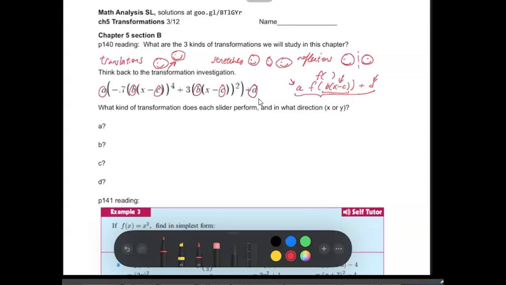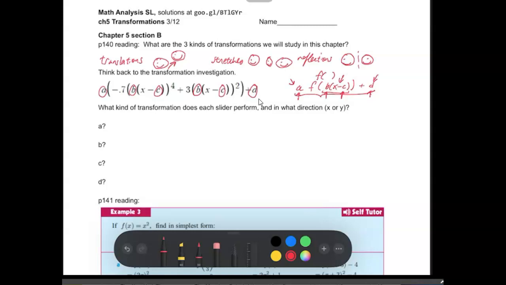If you remember, the multiplying factors, A and B, they do the stretching and the compressing. And the adding or subtracting parameters, C and D, those do the translations. Okay, so since we know that A and D are the vertical, and we know that A does the stretching and D does the translating, we know exactly what those two do. Same thing with the inside.